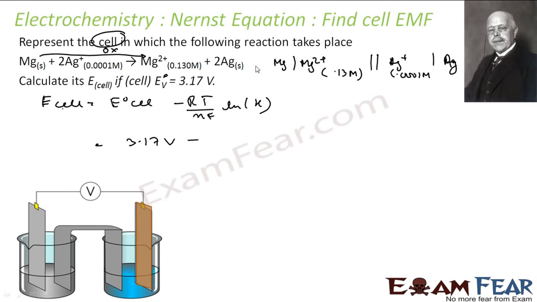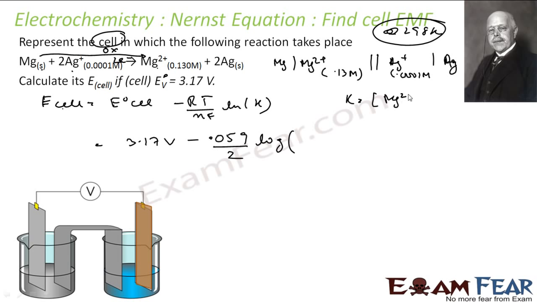Since this is happening at 298 Kelvin, the standard room temperature, this becomes 0.059 by n, and n is 2 electrons because 2 electrons are transferred. Mg becomes Mg2 plus, and 2Ag plus becomes 2Ag, with 2 electrons. This becomes log, and K is the concentration of Mg2 plus by the concentration of Ag plus whole squared, because there are 2 here.